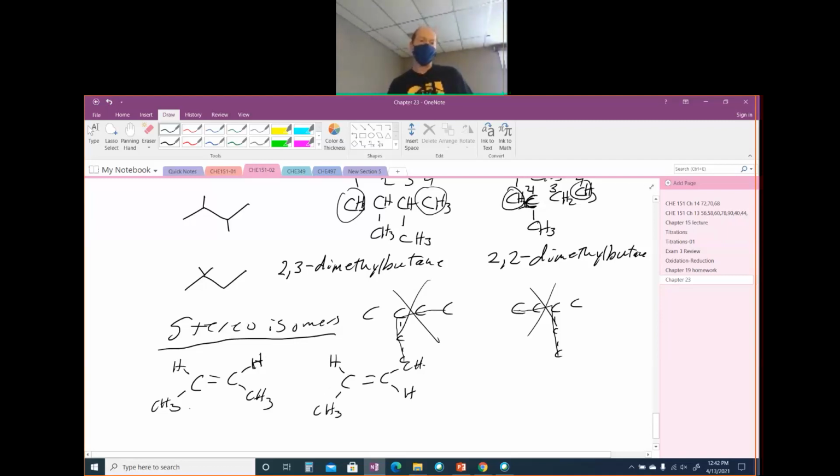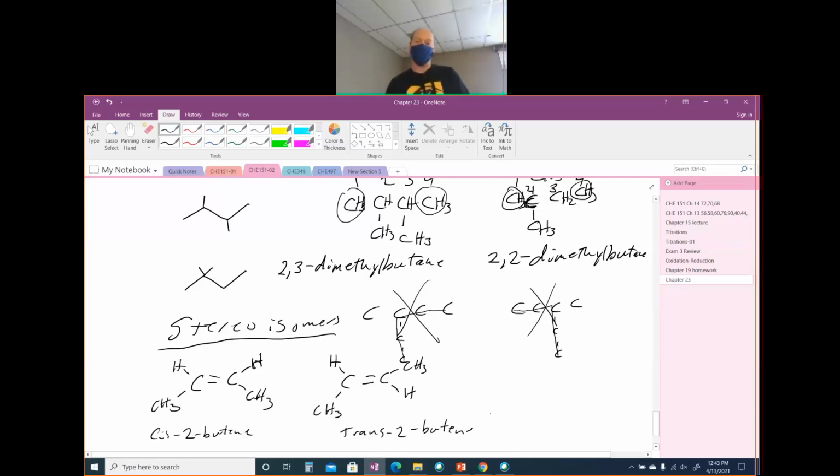Connectivity would be the same. Here you have a CH3 connected to a CH, double bonded to a CH, connected to a CH3. You'd say the exact same thing here. You have a CH3 connected to a CH, double bonded to a CH, connected to a CH3. All right, and so they are different in the way that they are 3-dimensionally aligned, and so those are called stereoisomers, where we have, of course, a cis 2-butene, and we have a trans 2-butene.